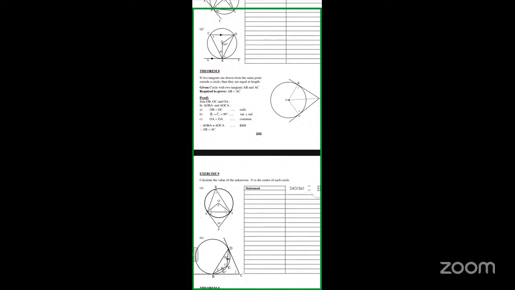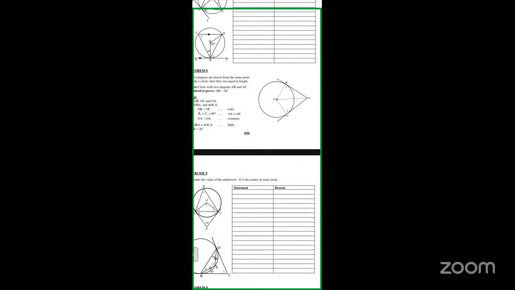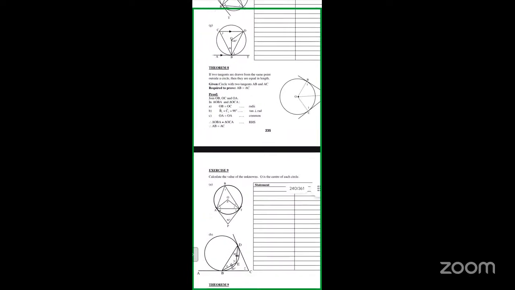This theorem says if two tangents are drawn from the same point, which in this case is A, drawn to B, the point of intersection of this tangent and the circle. Again, the line from A to C is the tangent. They intersect the circle at C. Then those lines are equal in length.